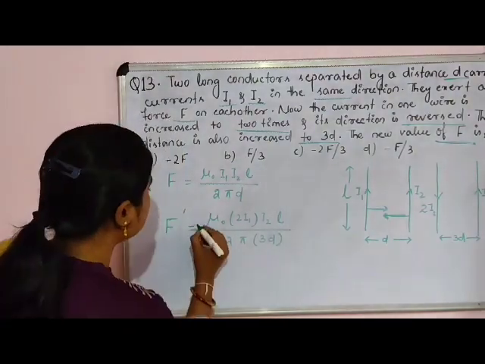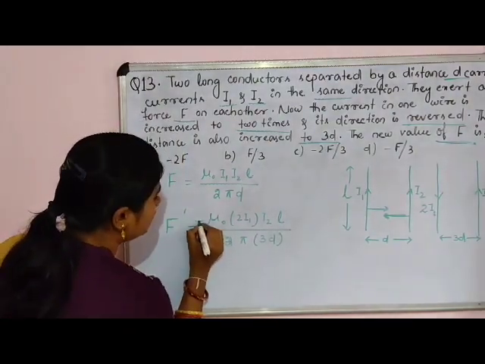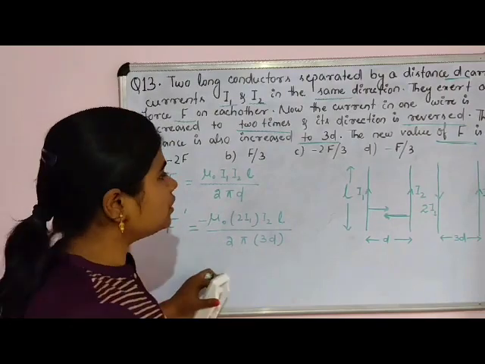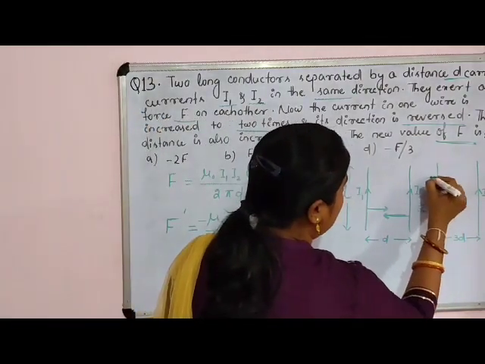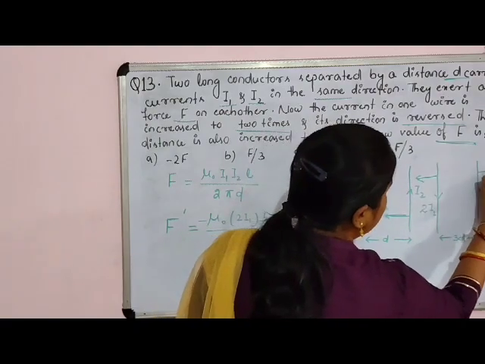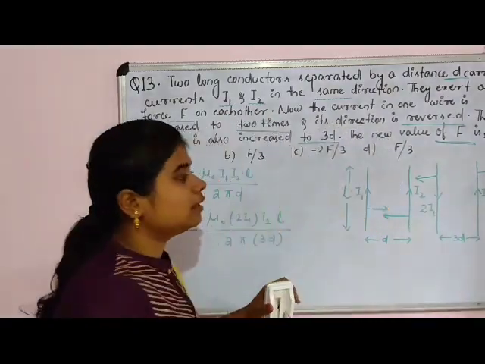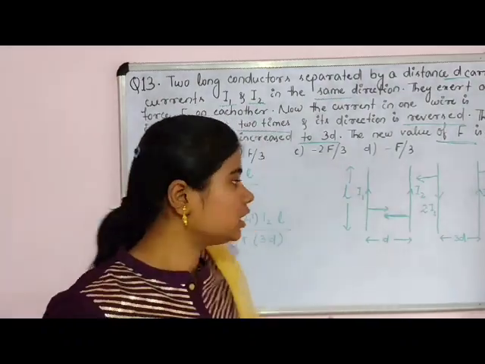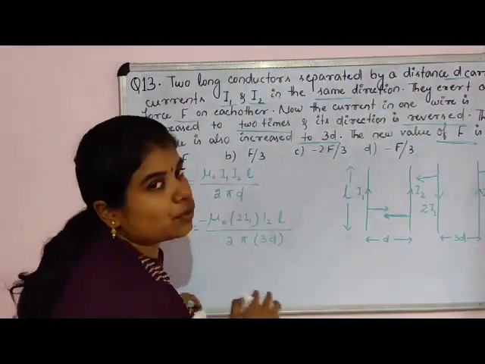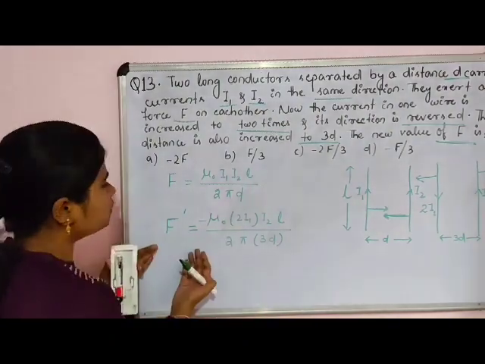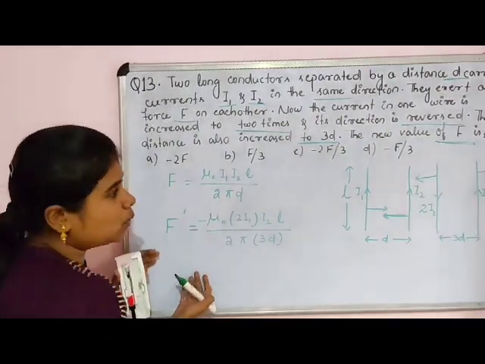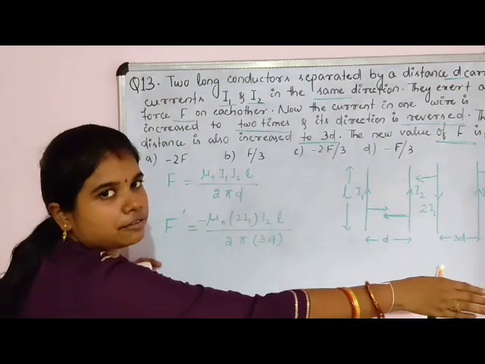And also we can put a negative sign there, because in this case the forces are acting in a repulsive manner. That means they are repelling each other. So we can take this force as negative, or else if you take the attractive force as negative, then this force will be positive, because the nature of the two forces is different.